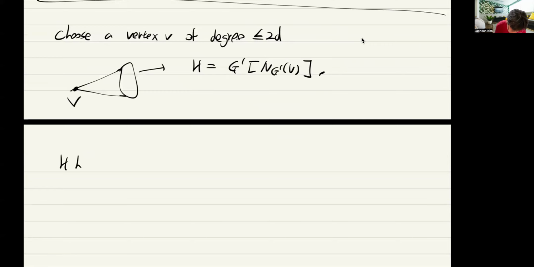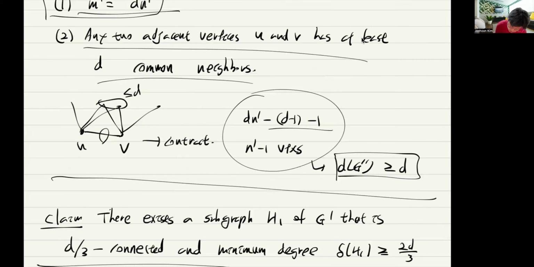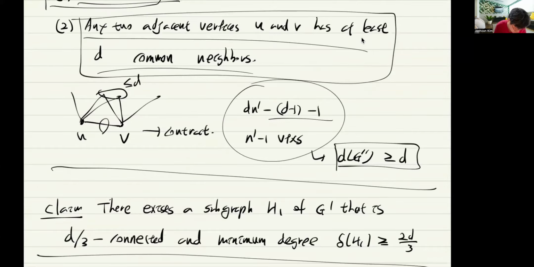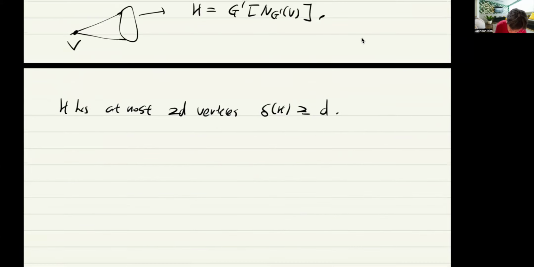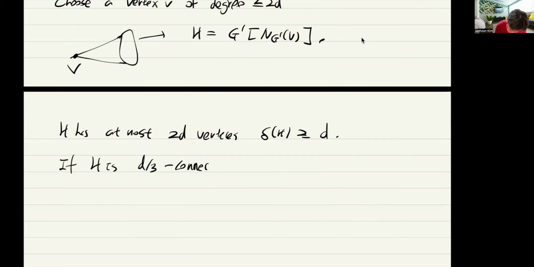Then this H has at most 2D vertices, and its minimum degree is at least D because of this condition. And if H is t over 3 connected, then we are done. You just take H1 to be H.